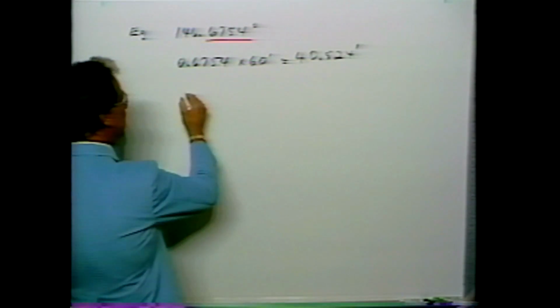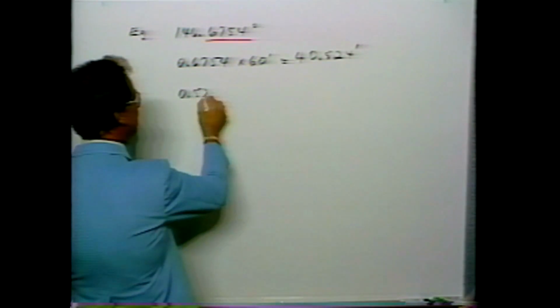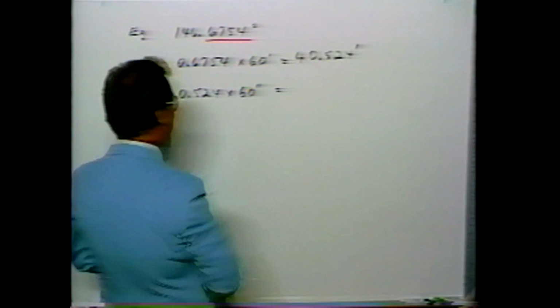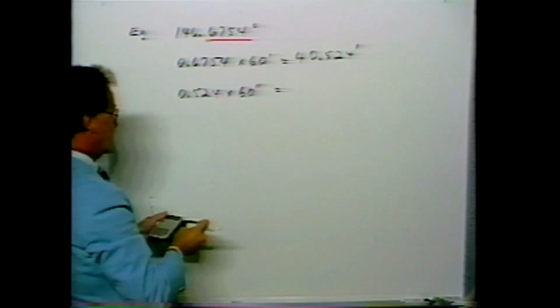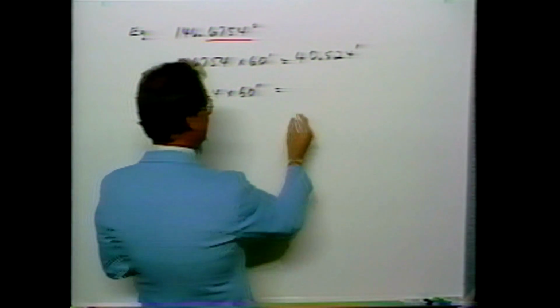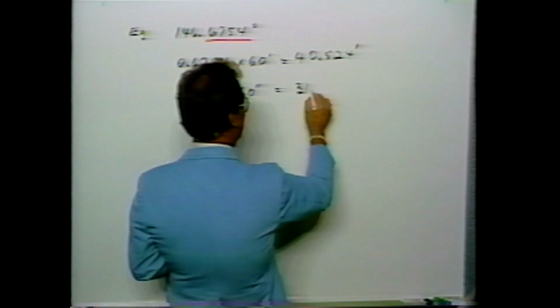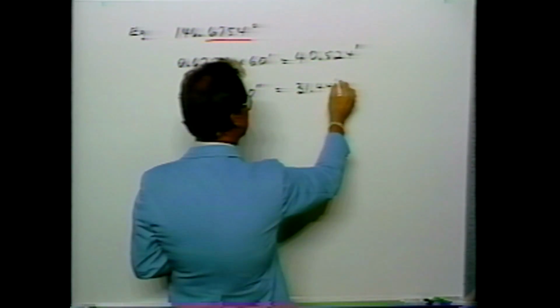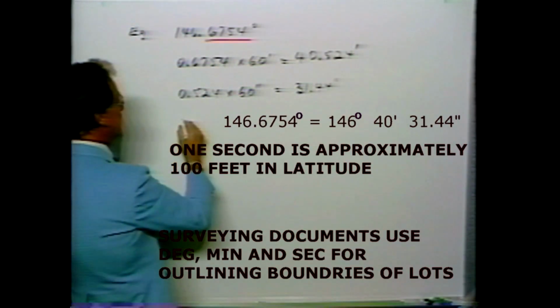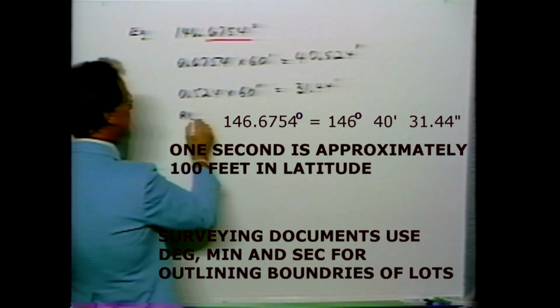So continuing, if we take 0.524 and multiply it by 60 seconds this time, we'll get the fraction of 60 seconds that we want, is equal to 31.44 seconds exactly.